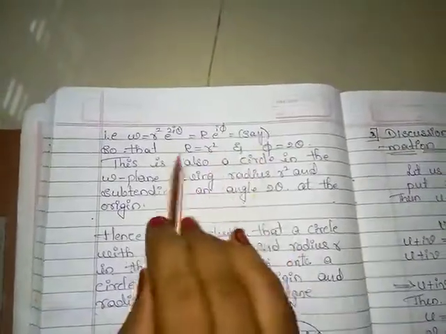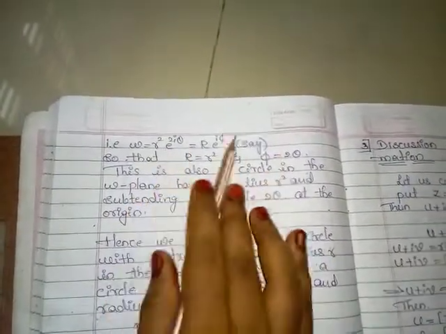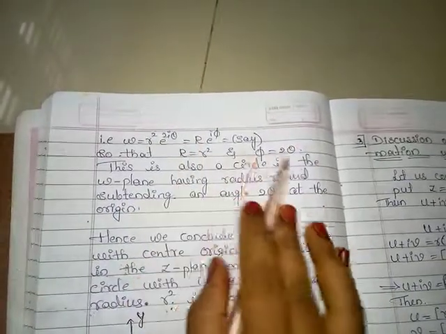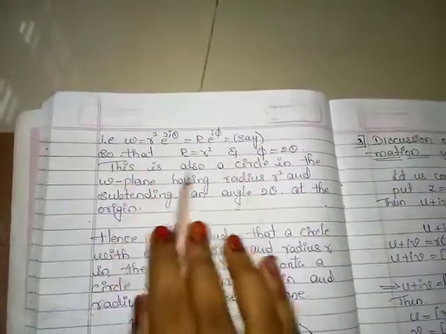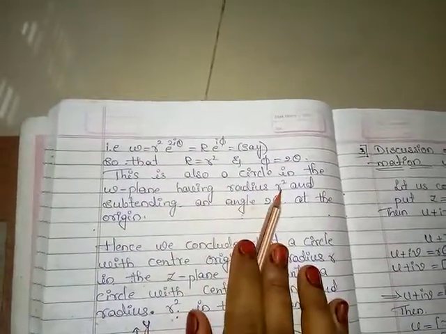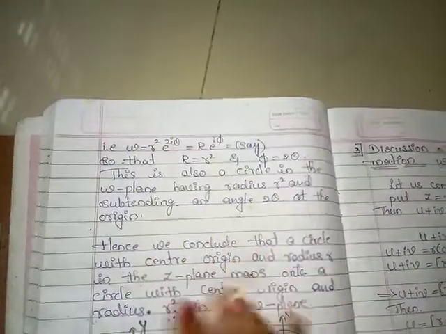Say separate real and imaginary part. Before that, here capital R is equal to r square and 2 theta is equal to phi. This is also a circle in the w plane having radius r square and subtending an angle 2 theta at the origin.